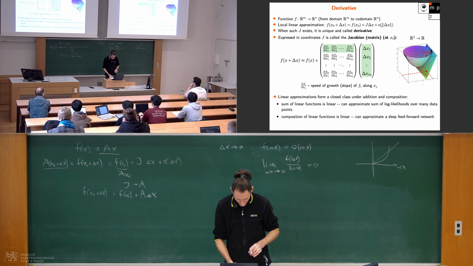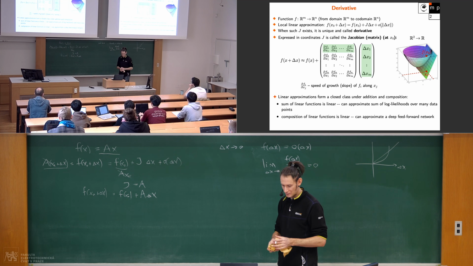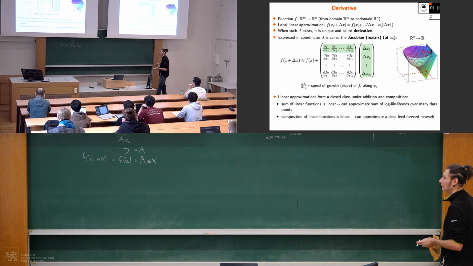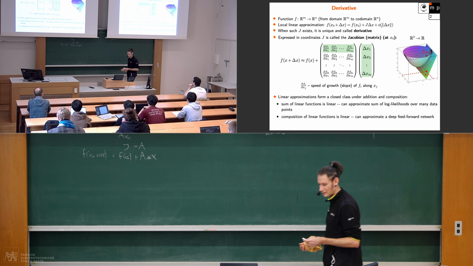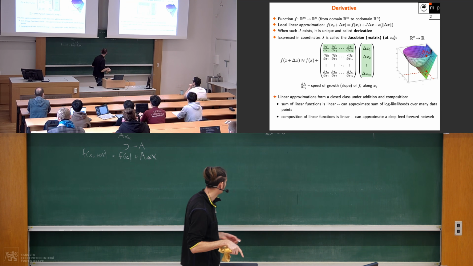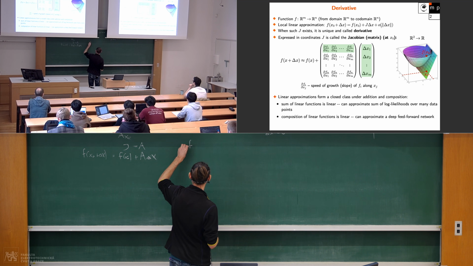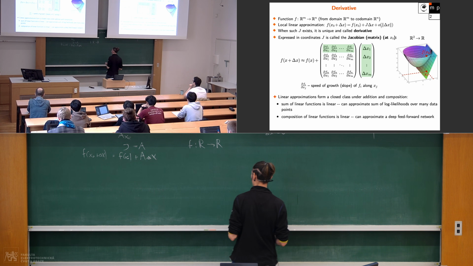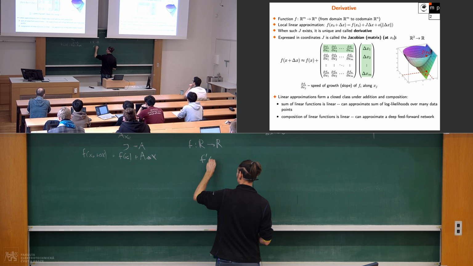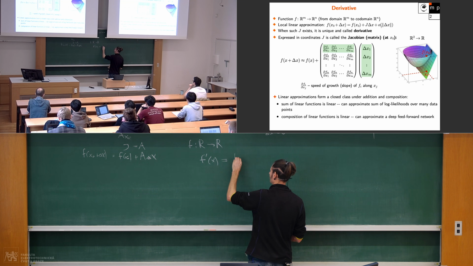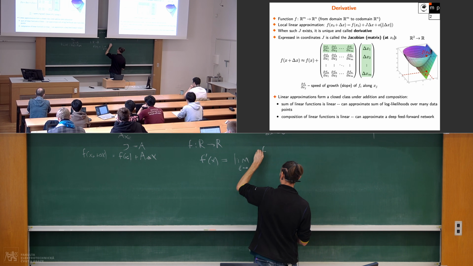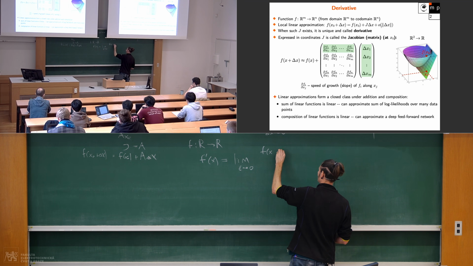Maybe it would also be useful to link this definition to the common definition that you know. If you have a function of one variable, a function from real to real, what's the derivative? That's the limit, right? Epsilon going to 0 of f of x plus epsilon.